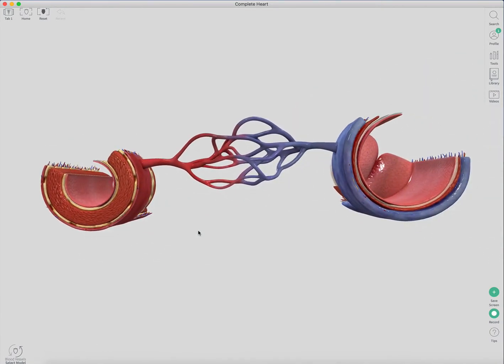The tunics have many names. The first and outermost one is the Tunica Adventitia, and it has tissues like nerves. The Tunica Media has smooth muscle tissue.